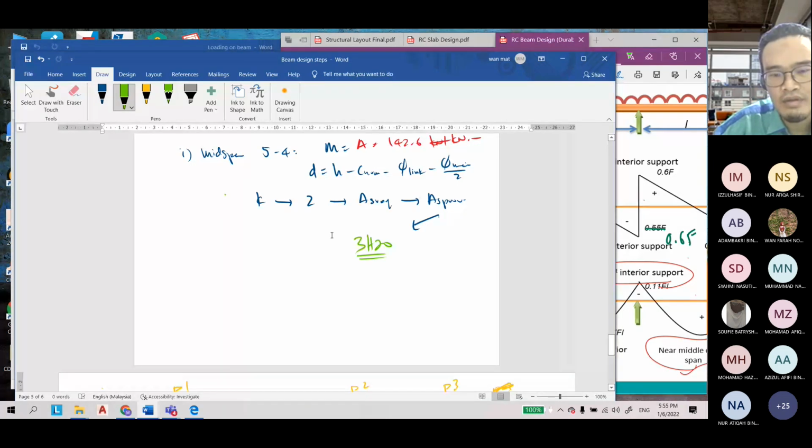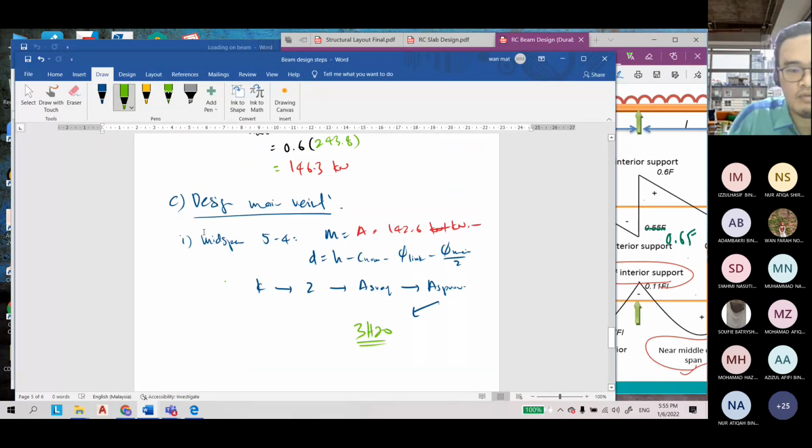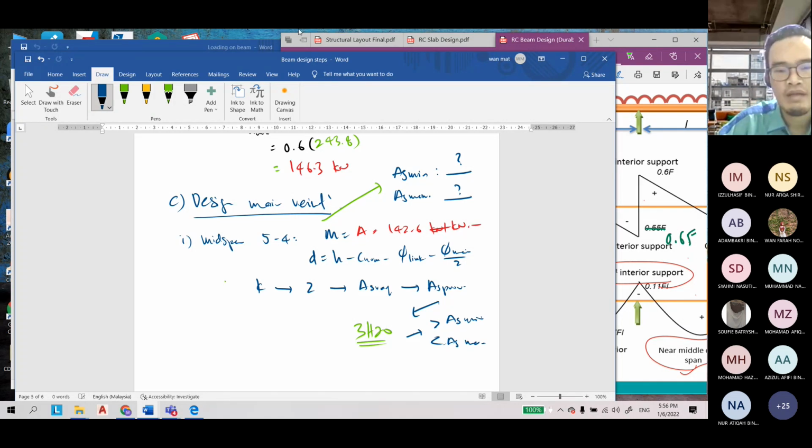So, first of all, before you design for this one, you must determine the As minimum and As maximum. You calculate As minimum and As maximum first, and then you compare to make sure it's larger than As minimum and lower than As maximum. Okay, you compare first, and then you can do this one.